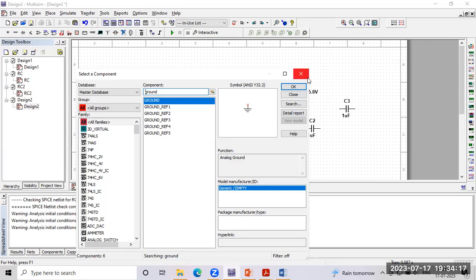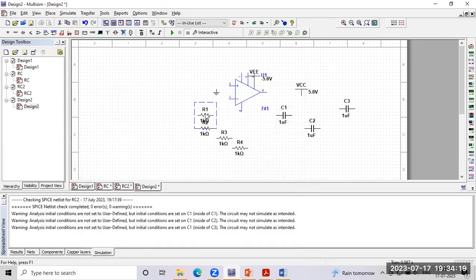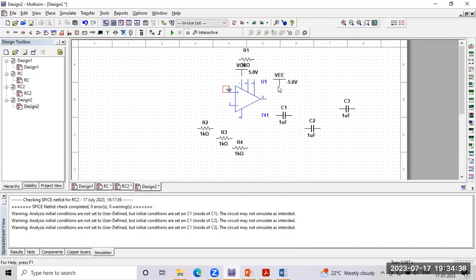Okay, let's just simulate this circuit. Place the component first. R1 is nothing but RF. I'm going to connect here, and then 3 is the non-inverting terminal, and then here first VCC. Control R, rotate, and VCC and VEE, then this.